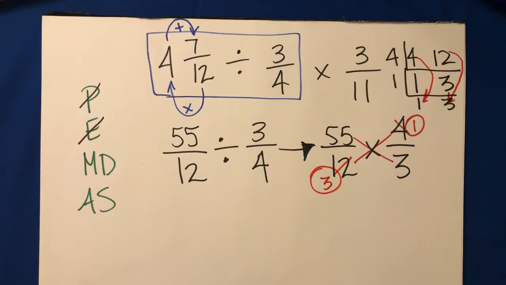And then what do you think about the 55 and a 3? Should we change those, reduce those, or leave it alone? Yeah, good job, Jaden. 4 converts to 1, 12 converts to 3. Oh, I see what you're saying, Jay.